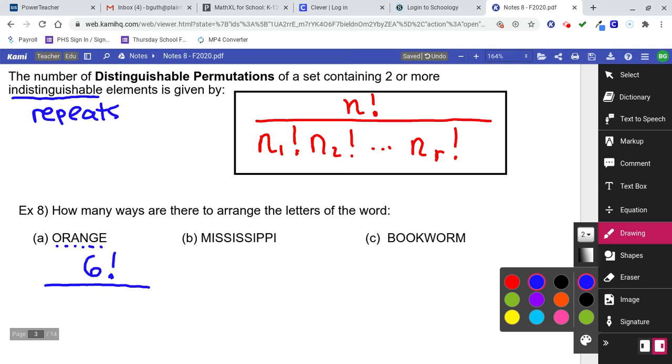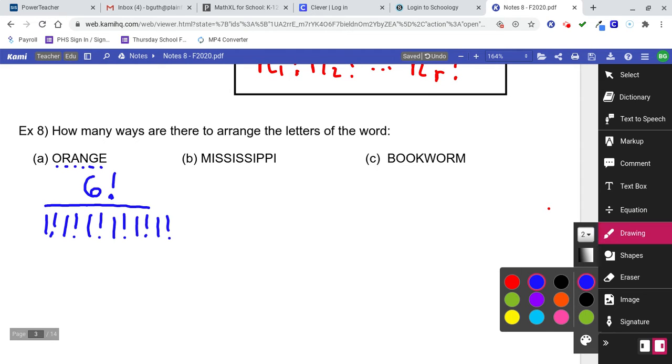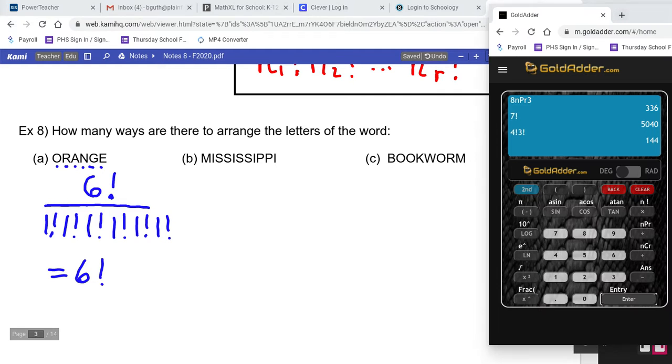So see how there's 1 O, and there's 1 R, and there's 1 A, and there's 1 N, and there's 1 G, and there's 1 E. And so we're just dividing by 1, which is kind of silly, because that's just going to equal 6 factorial. And 6 factorial is 720.